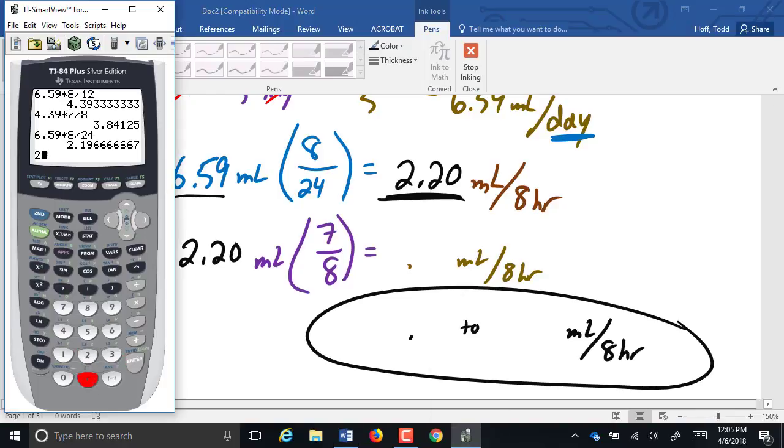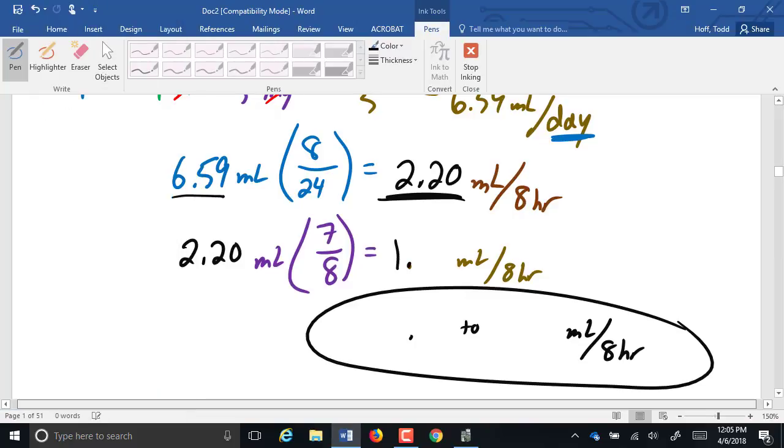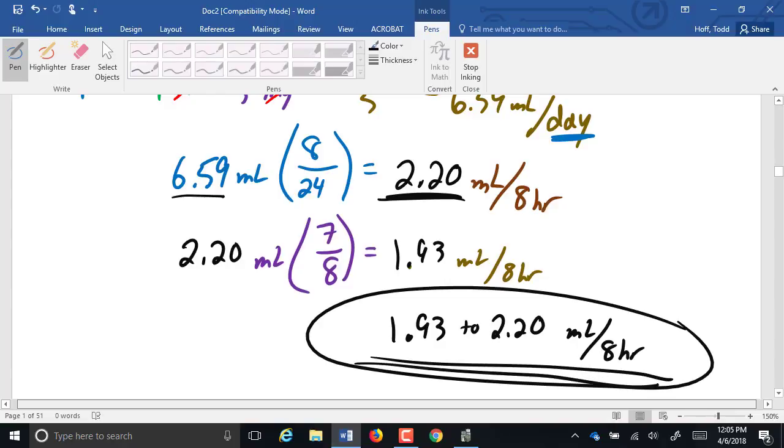So 2.20 times 7 divided by 8 gives us a minimum of 1.93. So 1.93 to 2.20 milliliters every 8 hours is our safe recommended range. The doctor ordered 2, which is firmly within that range.